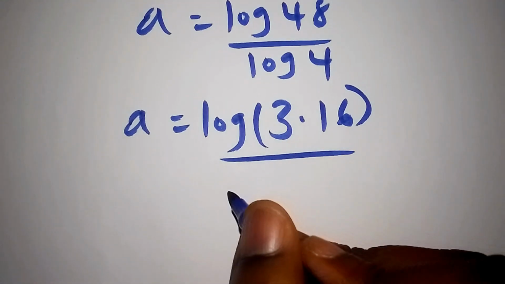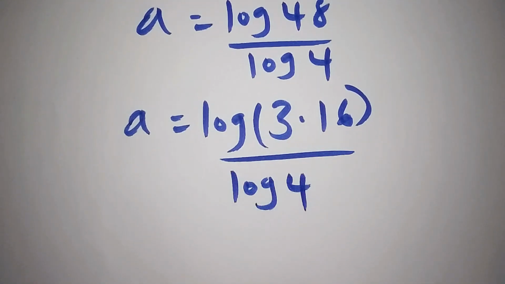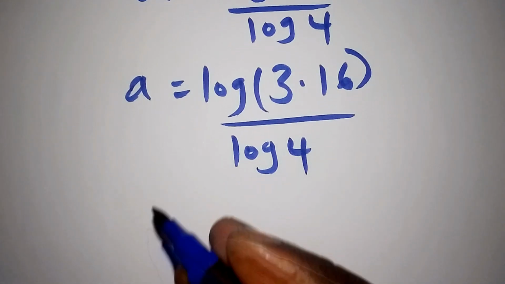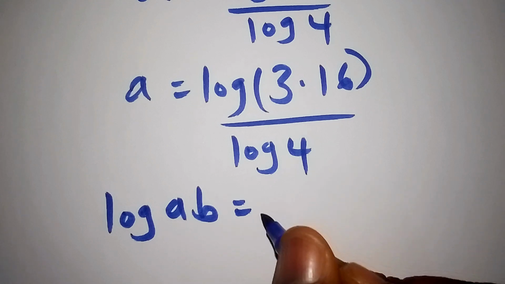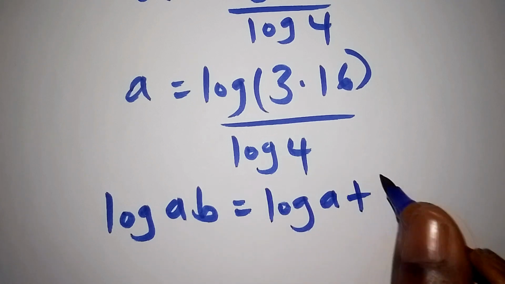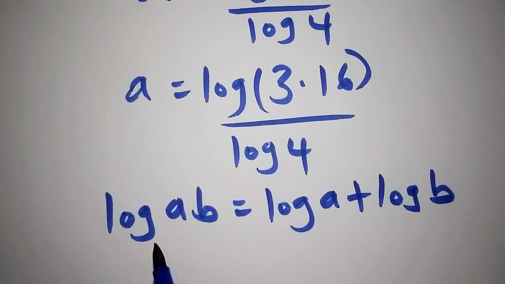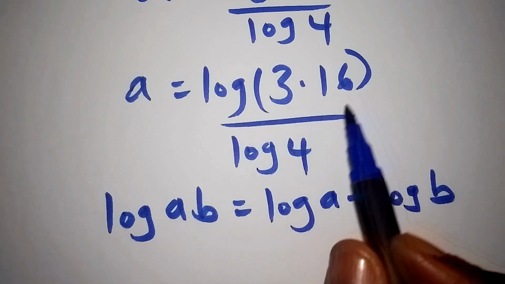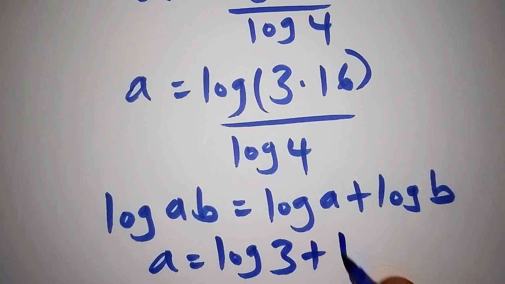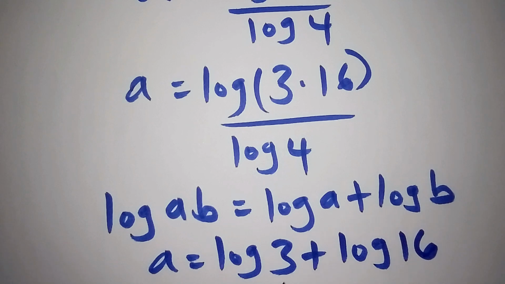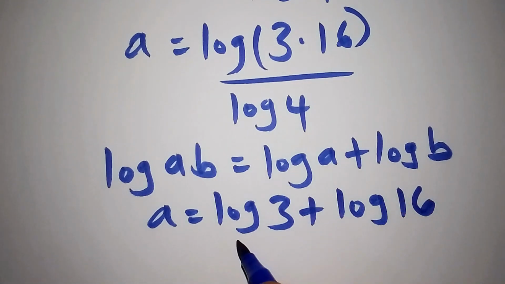Assuming we have the log of a multiplied by b, this can also be written as the log of a plus the log of b, because the multiplication sign changes to addition. By using this method, we get a equals the log of 3 plus the log of 16, all over the log of 4.